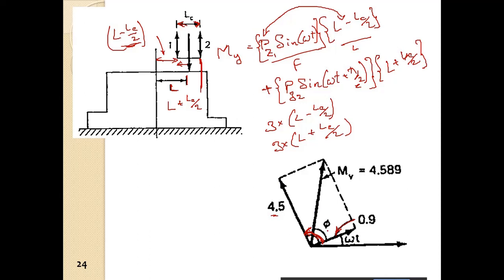But here you see, obviously now you can find out the maximum magnitude of the moment My. It is equal to root over 0.9 square plus 4.5 square, that you can find out. And phi, the phase difference, will be tan inverse of y by x, so tan inverse of 4.5 by 0.9.